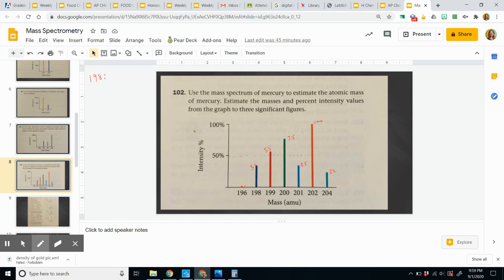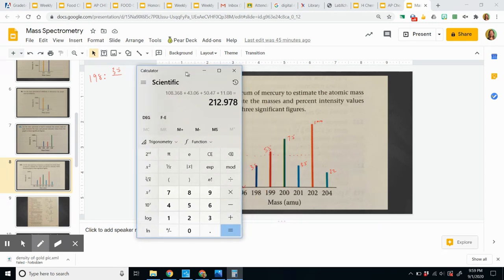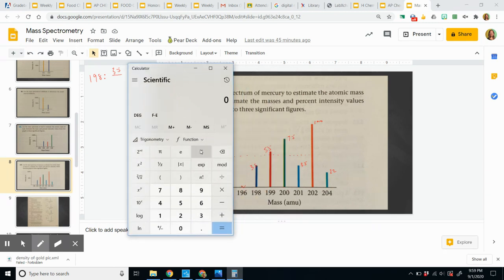198 is going to be 35 over the total, and the total is 35 plus 55 plus 75 plus 35 plus 100 plus 22. 322.